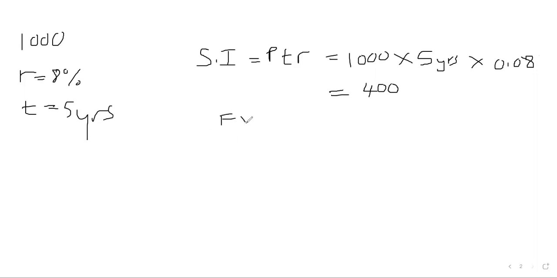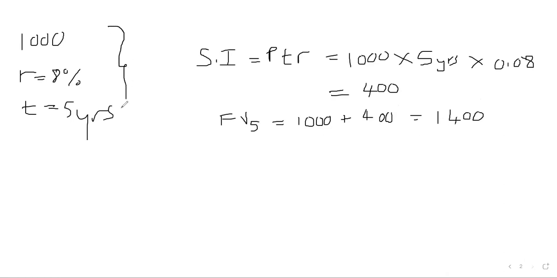The future value under simple interest: the 1,000 plus the interest, 400. So what is the total value we're going to have? 1,400.